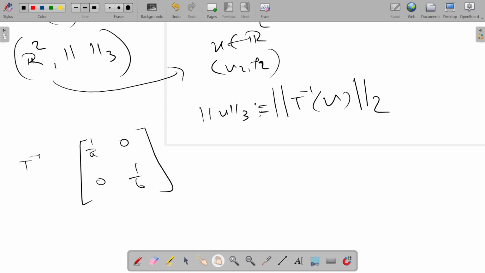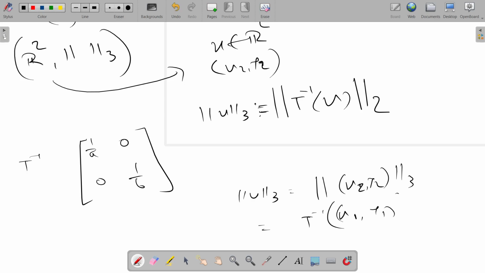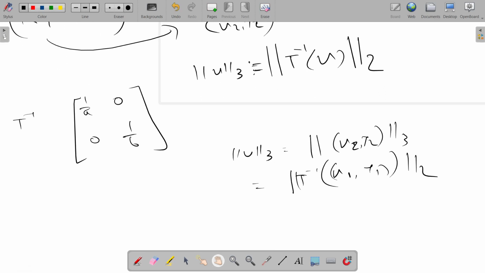The norm of x2 y2 will be the norm 2 of T inverse of x1 y1.